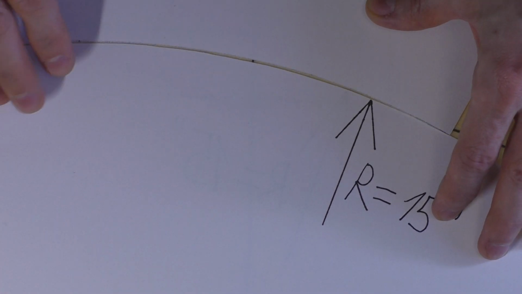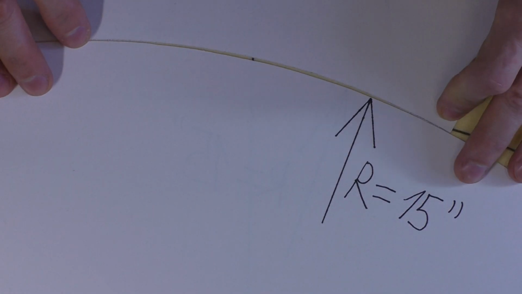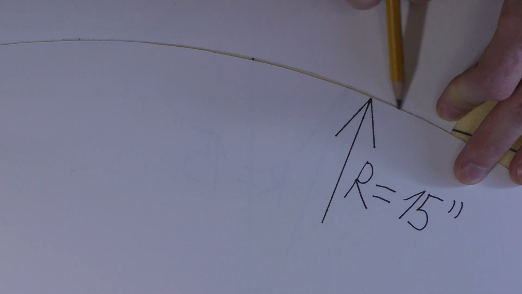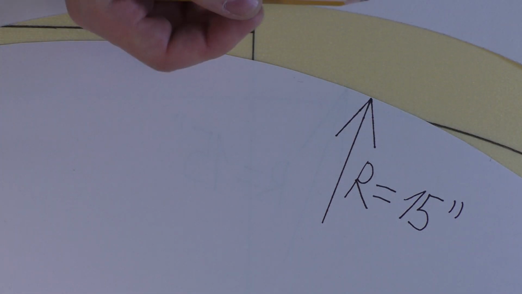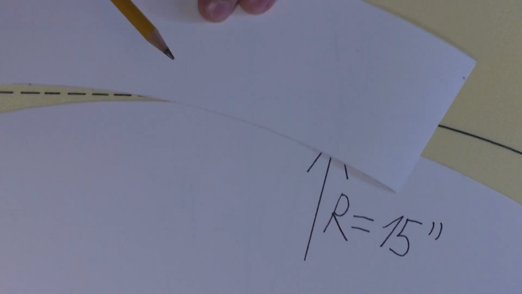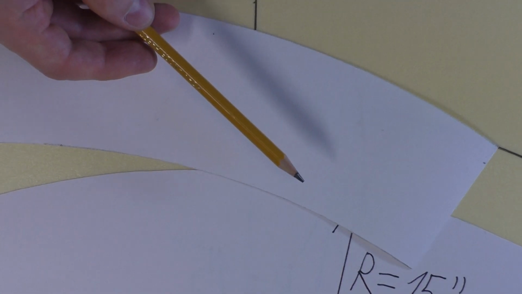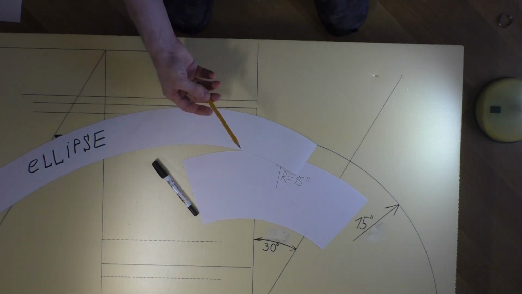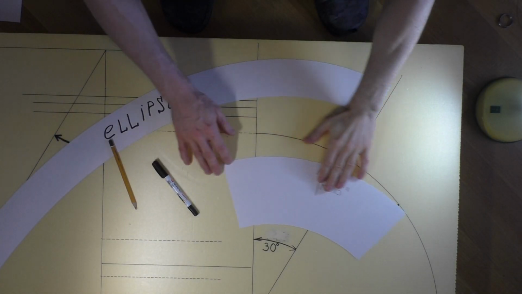Well, as you can see, at the beginning of the ellipse, the radius is smaller than 15 inches. So you can't use the beginning of the ellipse for drawing easements.